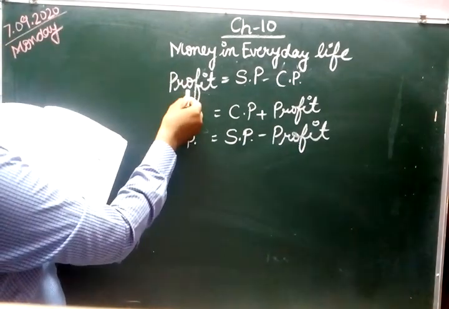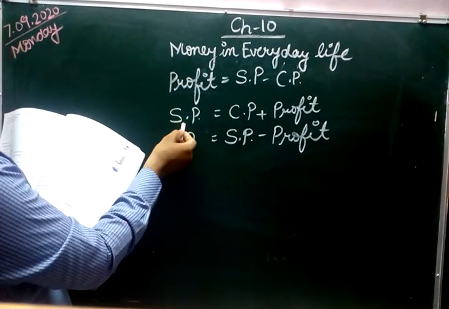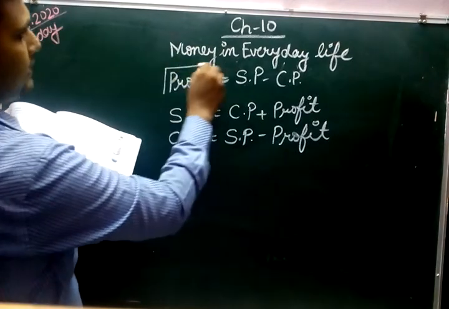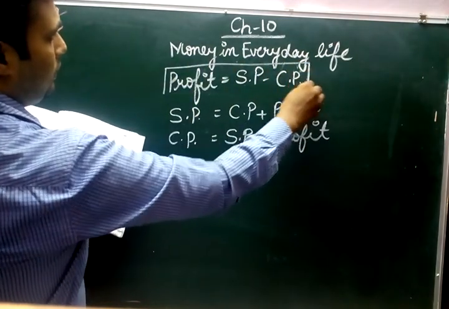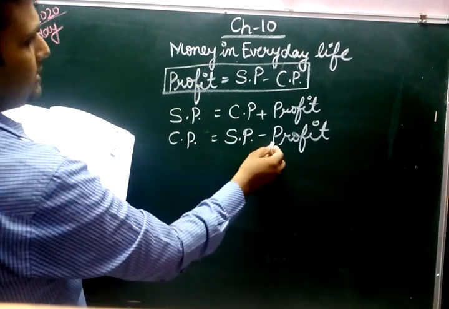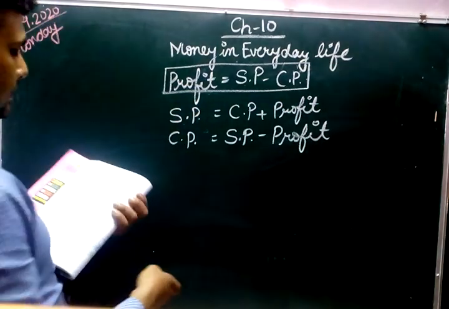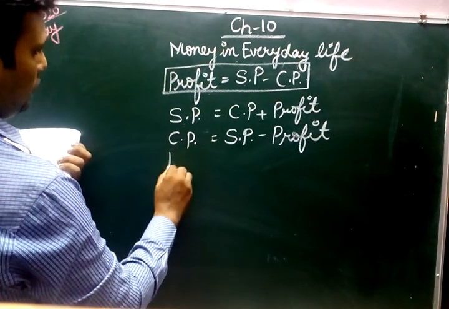From this single formula we can derive two formulas, one for selling price and one for cost price. Cost price equals selling price minus profit.